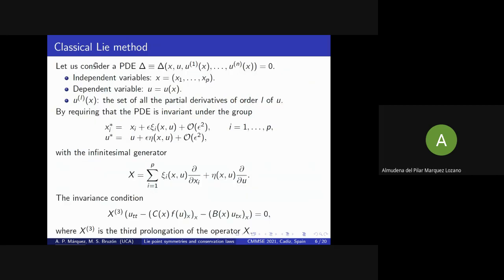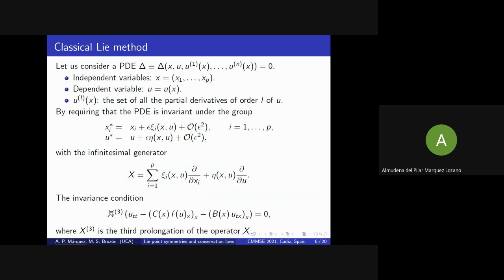What's the idea of the classical Lie method? The idea is that we have to require that the PDE is invariant under a group of transformations. Here we have the group of transformations. To be invariant, we have to apply the invariance condition, which is written here, where X^(3) is the third prolongation of the operator X, and X is the infinitesimal generator.